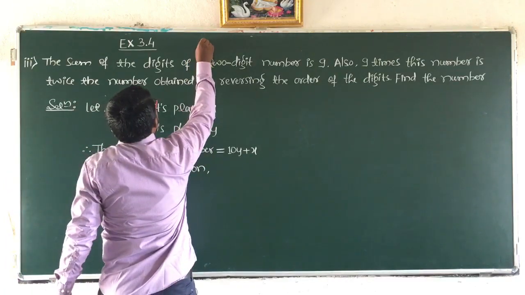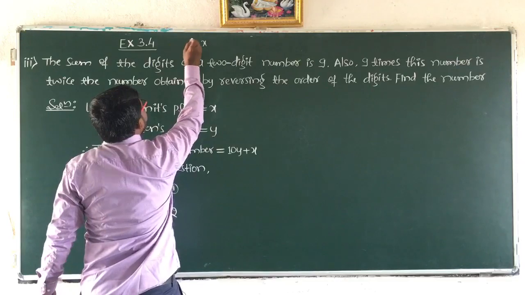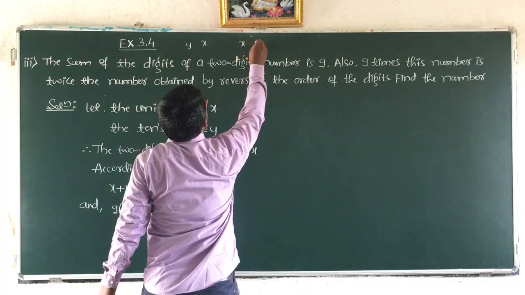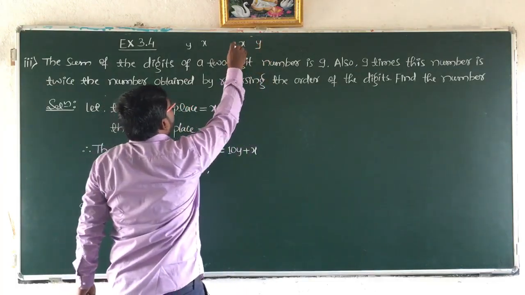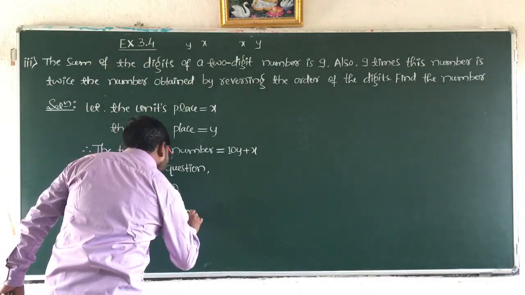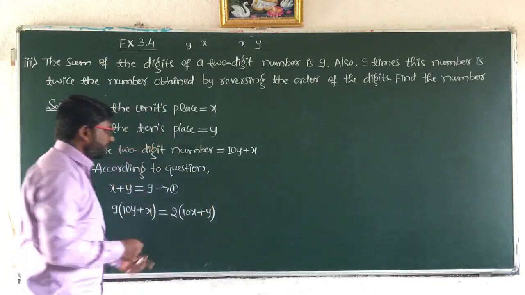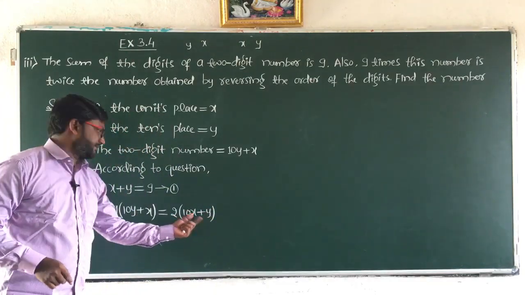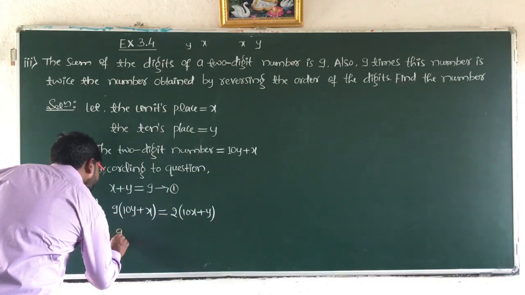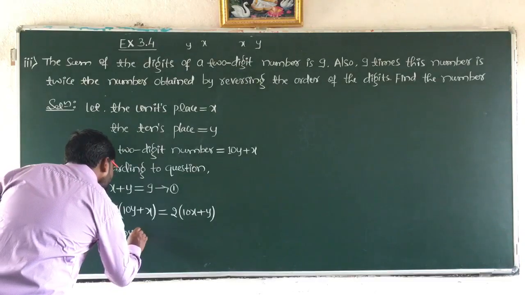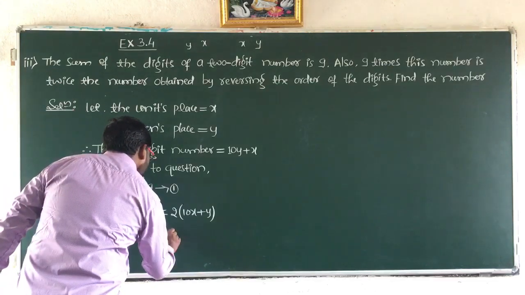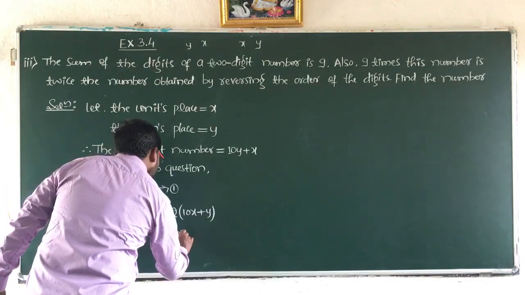In the beginning, x is in the units place and y is in the tens place. Now we have to reverse the order, so I need x in the tens place and y in the units place. That means we multiply x by 10, so 10x plus y. I have reversed the order of the digits. Now let us multiply 9 inside and 2 inside the bracket. We get 90y plus 9x, which is equal to 20x plus 2y.